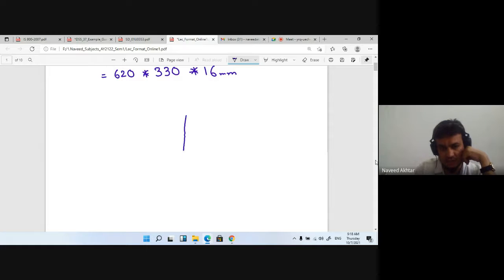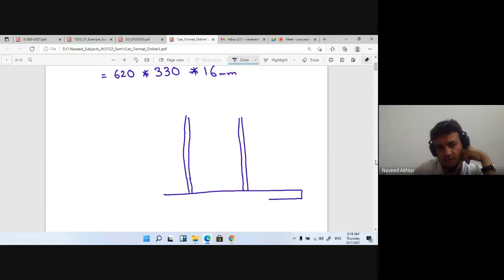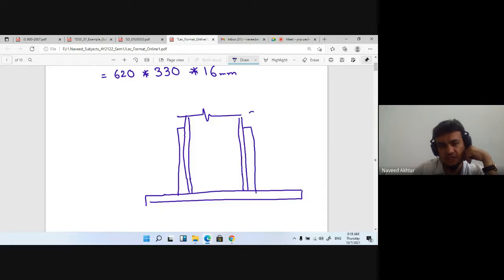This is the column, and please understand, up till now we have decided the thickness of plate, which is 16 mm.